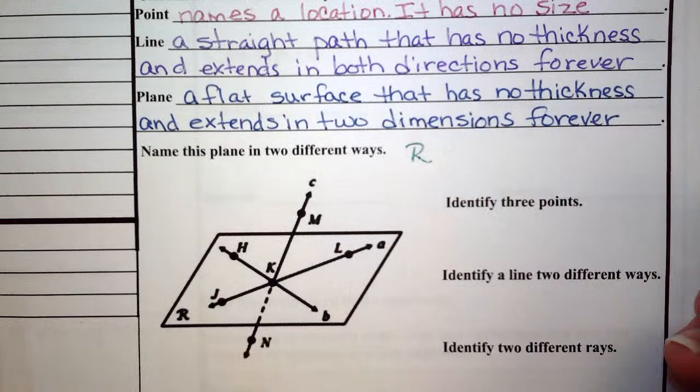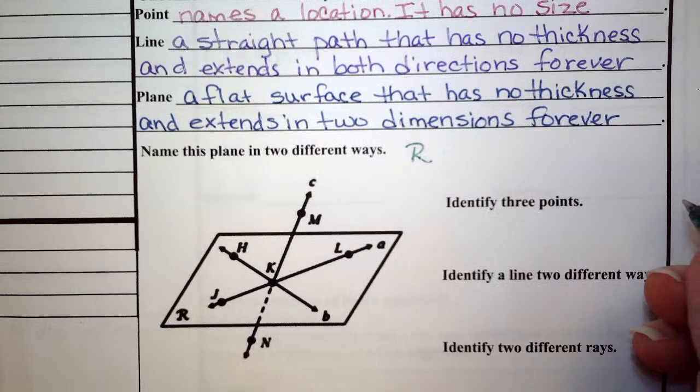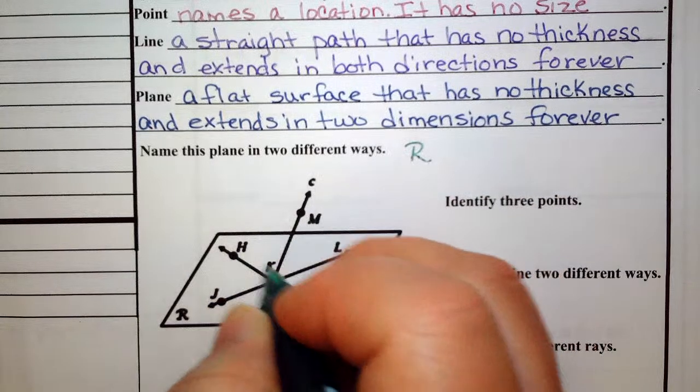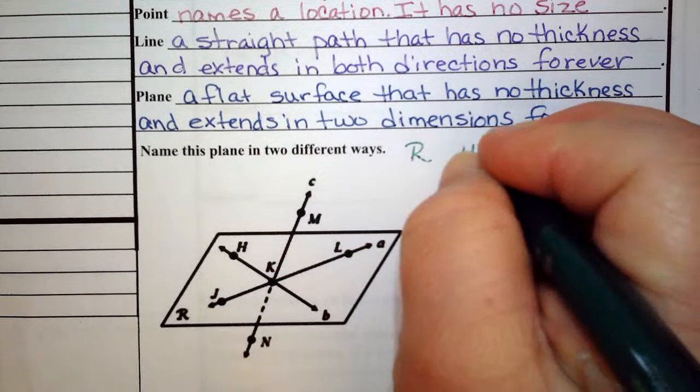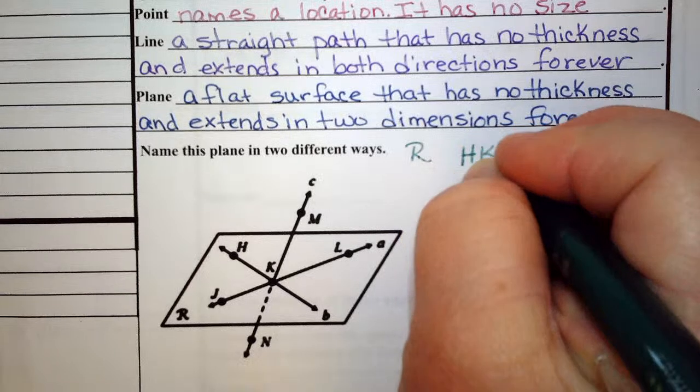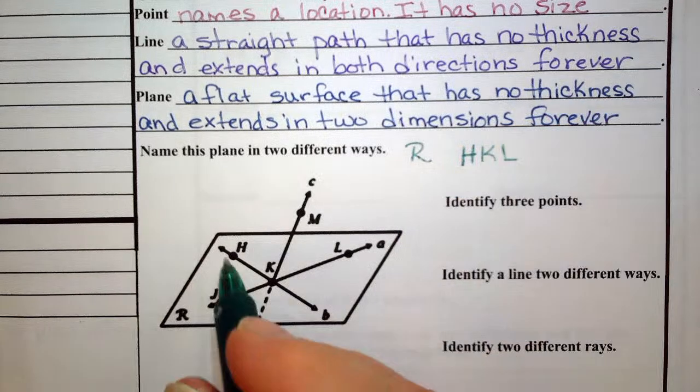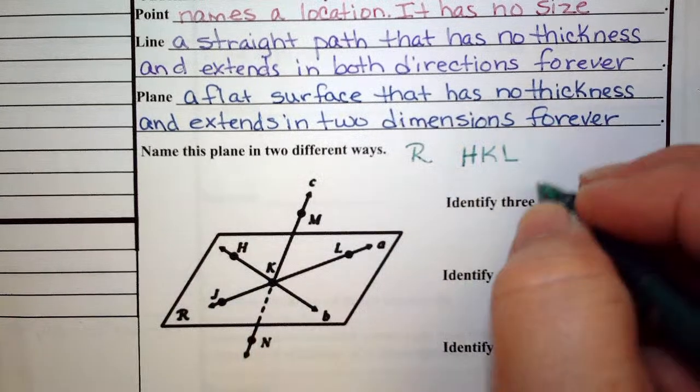If I don't use the single letter, then I have to use three non-collinear points. 3 points that are not on the same line. So I could do HKL. I could do HKJ.